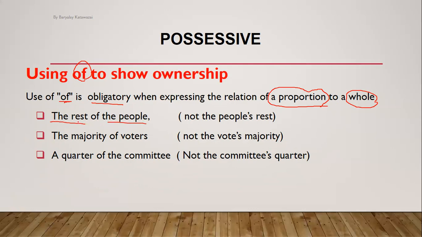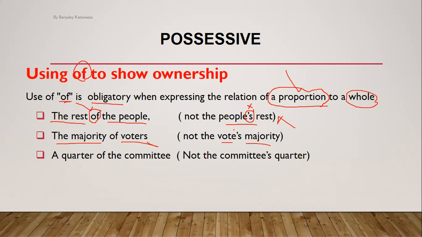What do you say? Rest of the people. But you don't say that. People's rest, no, that is wrong. When you talk about the proportion, a part of a whole, then you use of. You don't use apostrophe s. What will you use? Of. The majority of voters, not voters' majority.